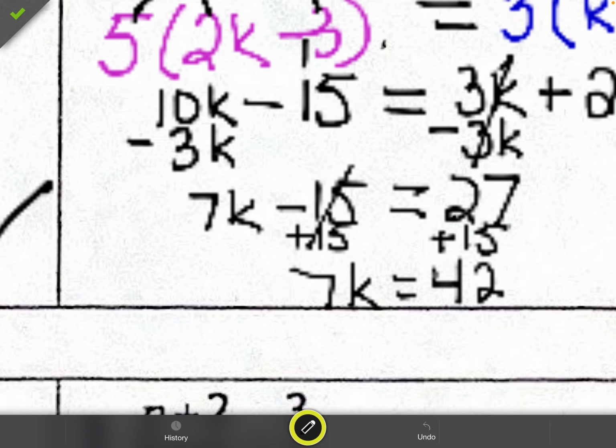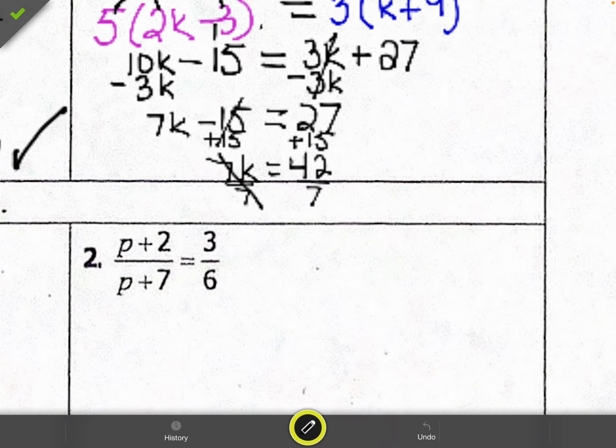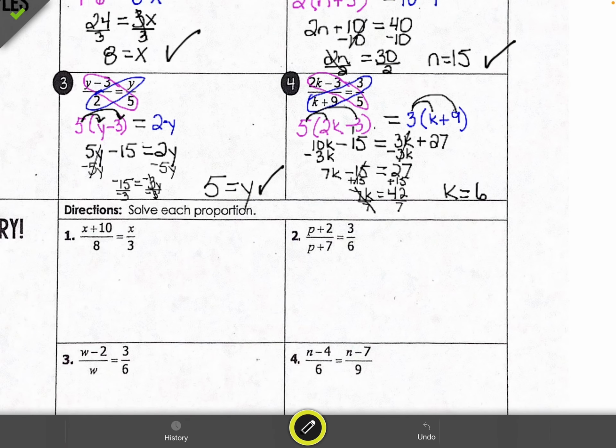Don't call me after midnight means multiply or divide. So 7 times k, the opposite is divide. So k is equal to 6. 42 divided by 7 gives me 6.